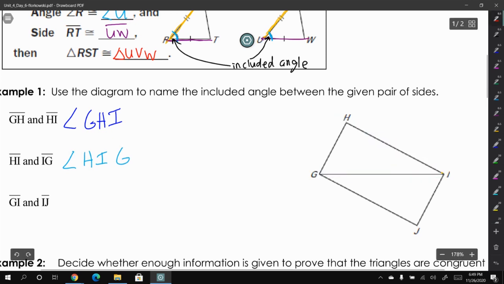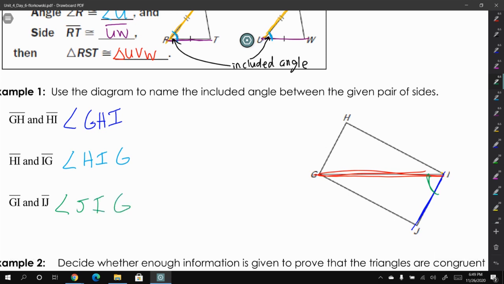And then finally, side GI and side IJ would be this angle here. So angle GIJ. So those included angles are formed by the two sides that we are talking about.